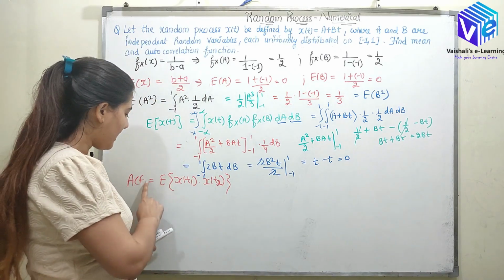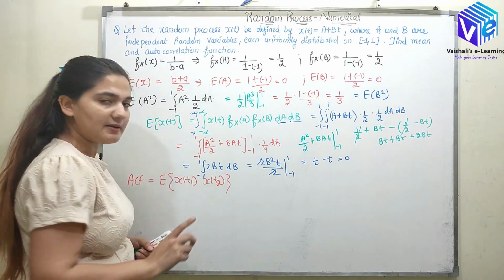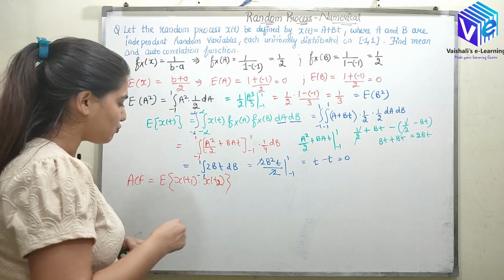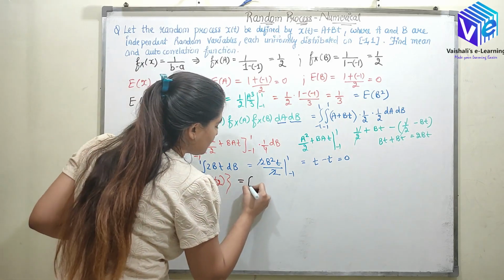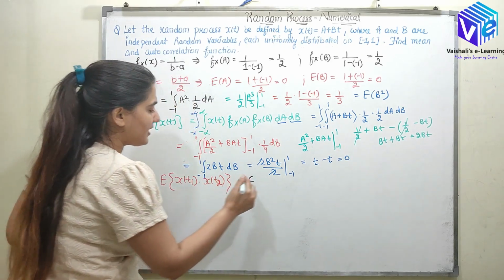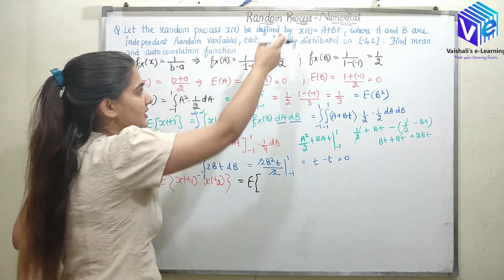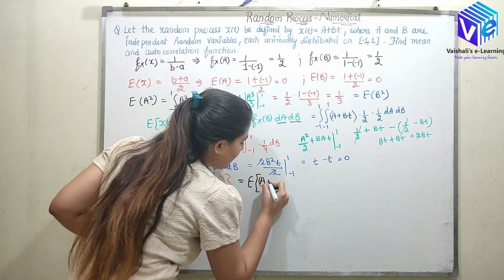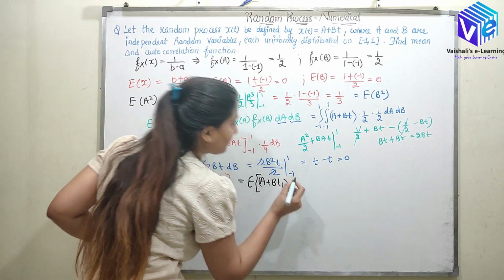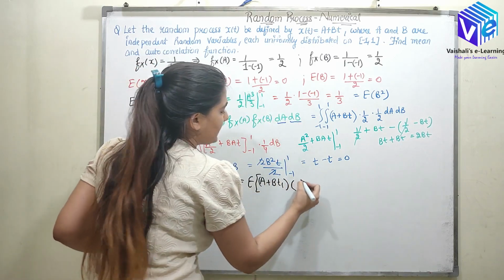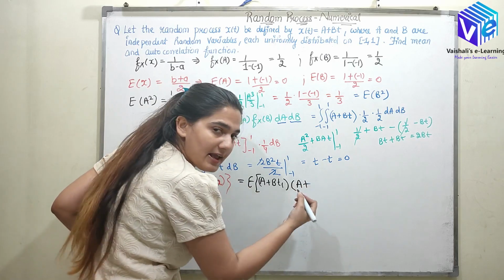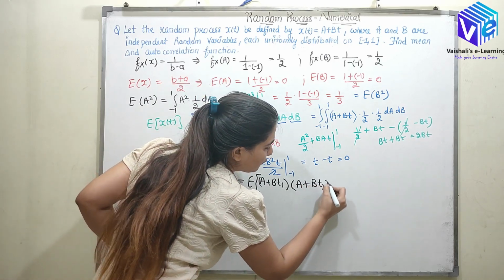So I'll find E of X(t1) multiplied by X(t2). Now I'll put the values of X(t1) as well as X(t2). When I replace t with t1 in X(t), I'll have a plus bt1, and replacing t with t2, I'll have a plus bt2.